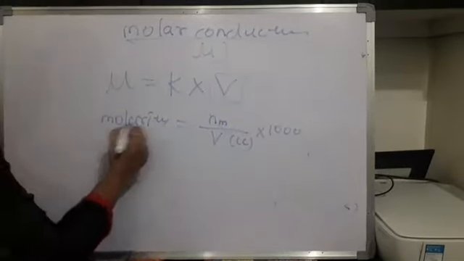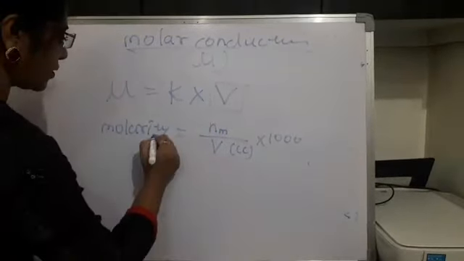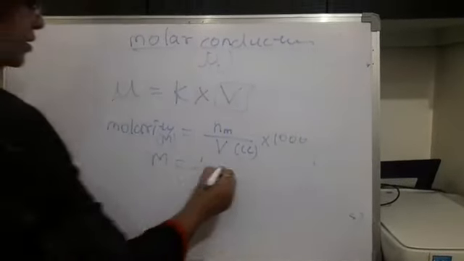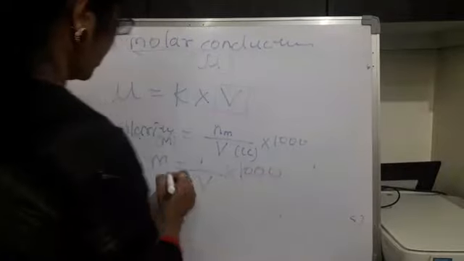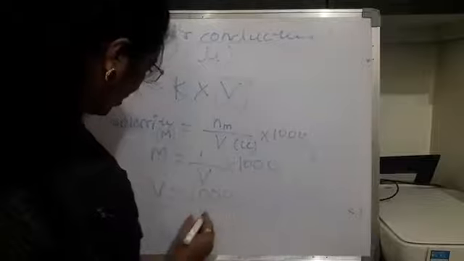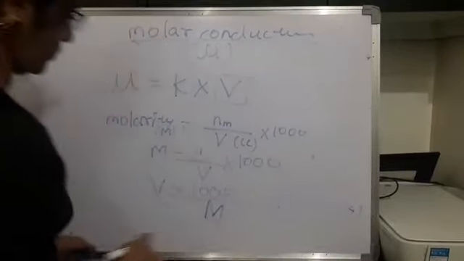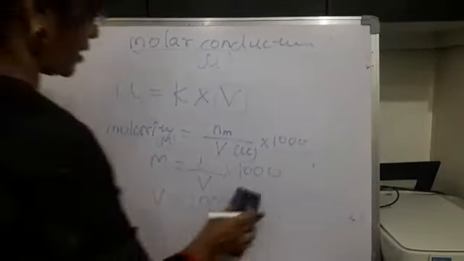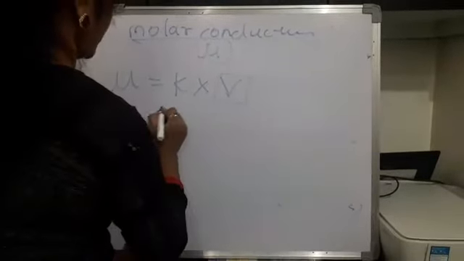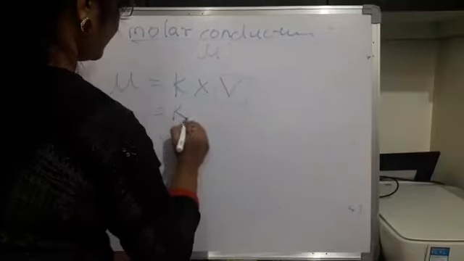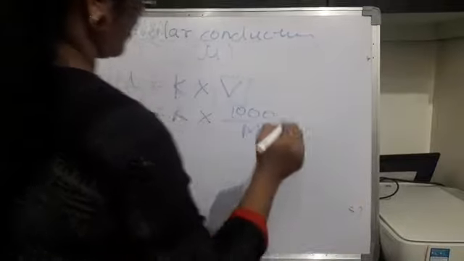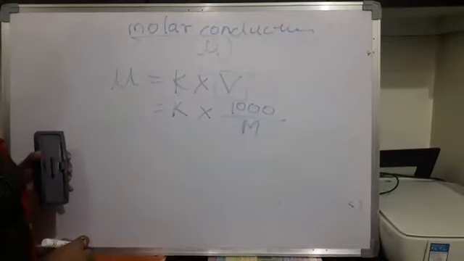The number of moles is 1, so V equals 1000 upon M. Putting this value in the equation, we get K into 1000 upon M.